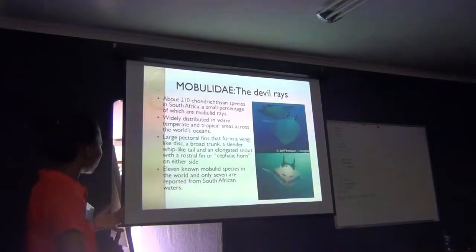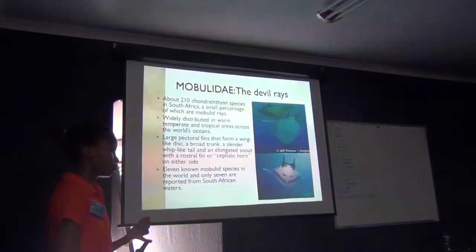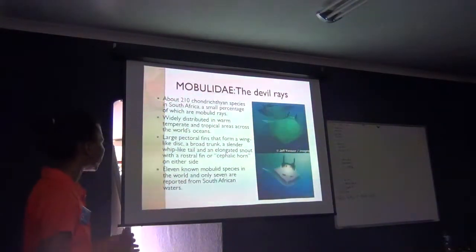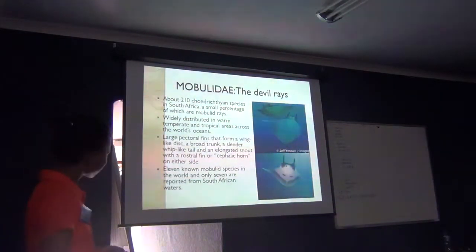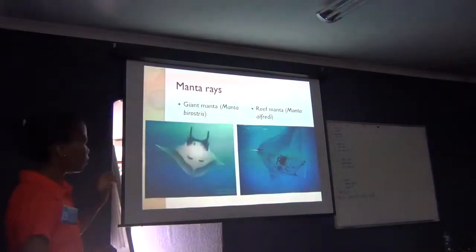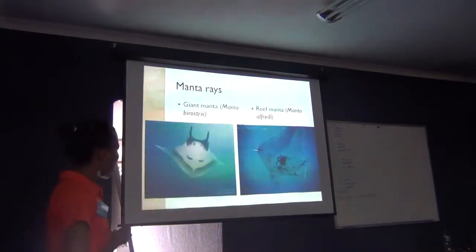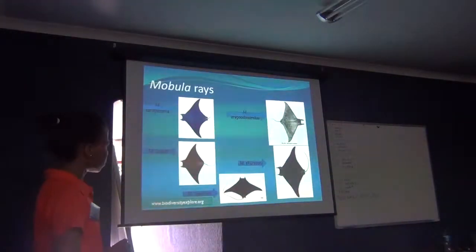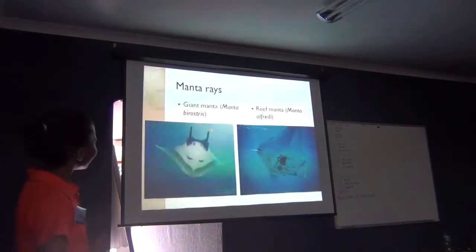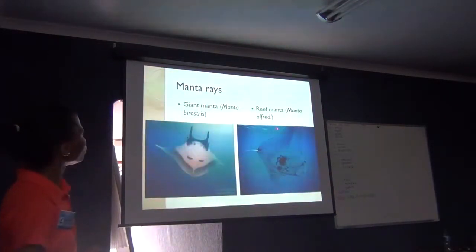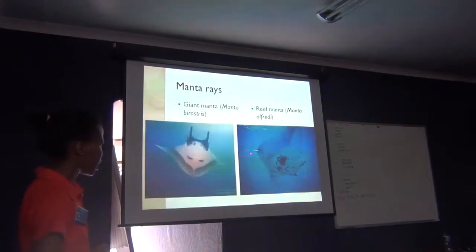There are 11 known species at the moment in the whole world, and only 7 have been reported from South African waters. We have the 2 that belong to the genus Manta: the giant manta, Manta birostris, and the reef manta, Manta alfredi.